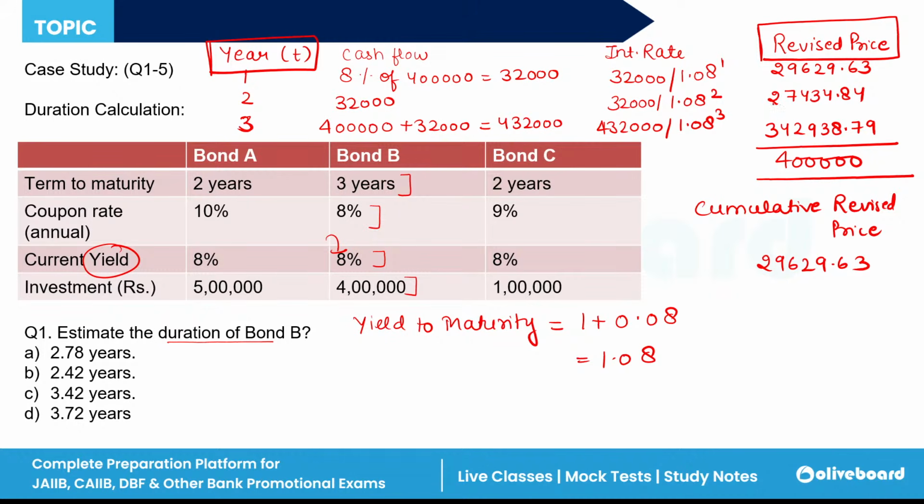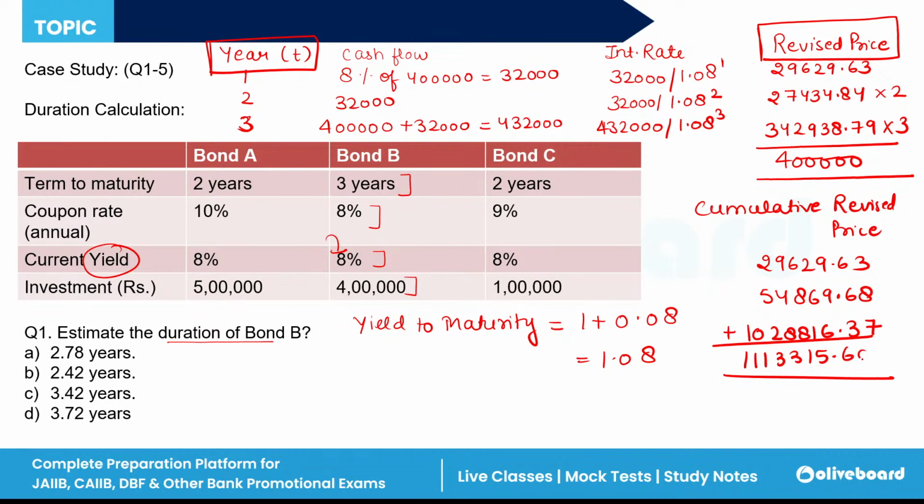In the second case this is multiplied by 2, which gives 54,869.68, and the third is multiplied by 3. So here we get 10,28,816.37. Now again we have to add them, so the final total is 11,13,315.68.